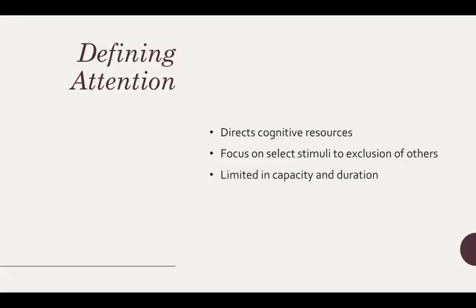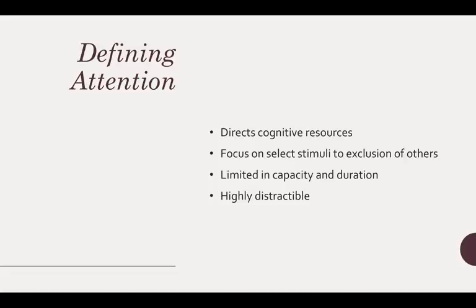Of course, as you can probably imagine, attention is limited in capacity and duration. And it's highly distractible, and we'll talk about all of those characteristics. The other thing that I wanted to mention about attention is that we're always focusing on an external stimulus. So we tend to say focus on something in the environment, direct your mental resources to that stimulus outside of yourself.